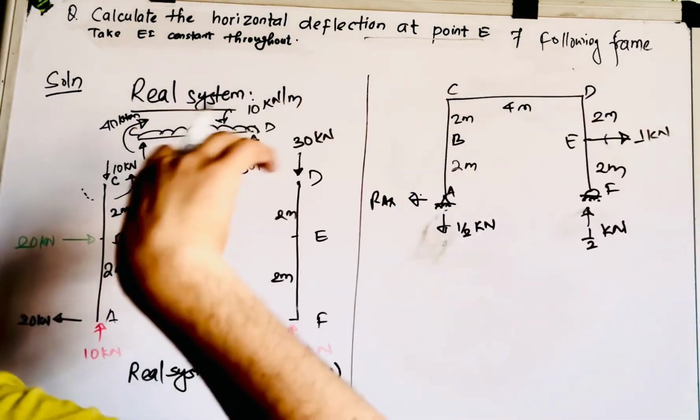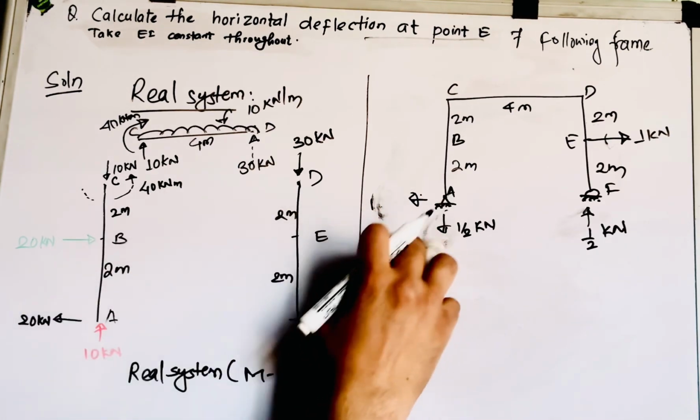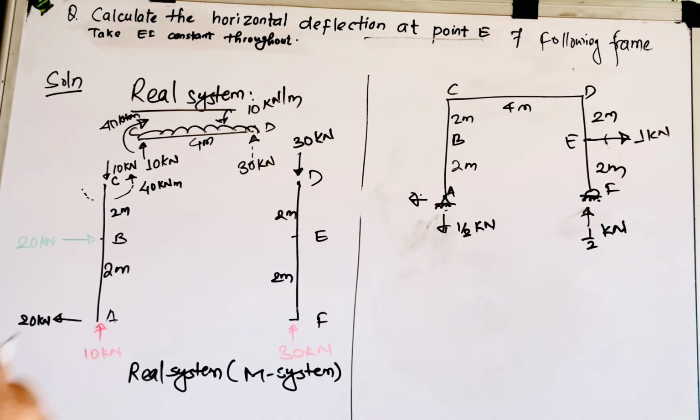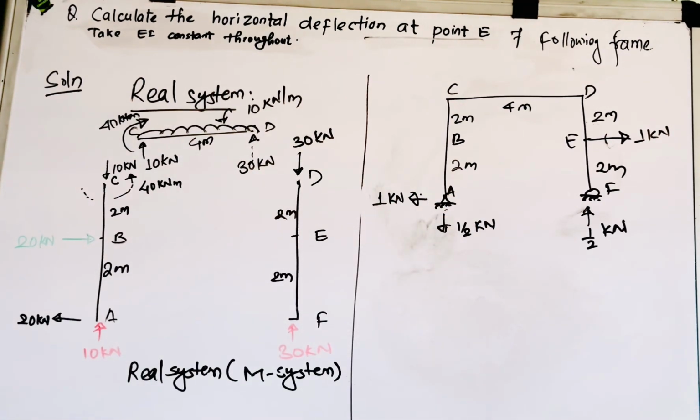And if you use the summation of force in x direction, it can be easily said that the reaction force in the horizontal direction at point A will be nothing but 1 kilonewton, like this. Yes, so this is the calculation of the support reactions for the virtual system.